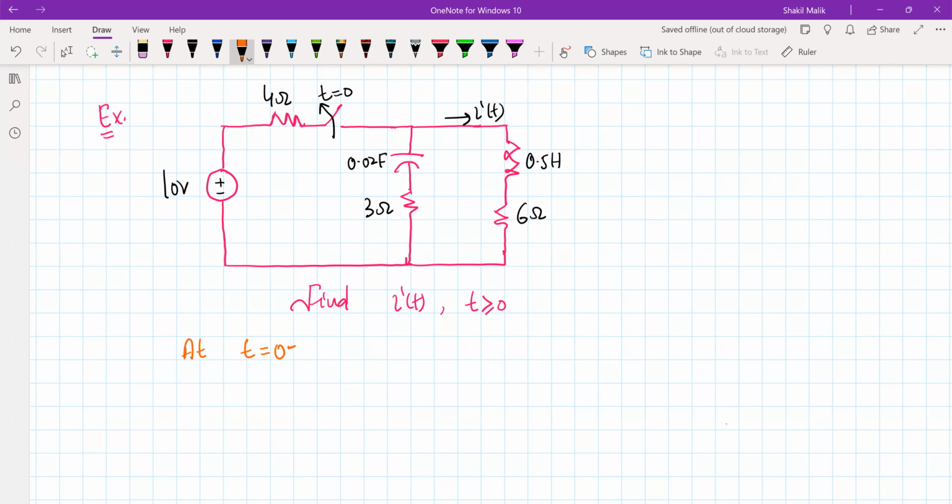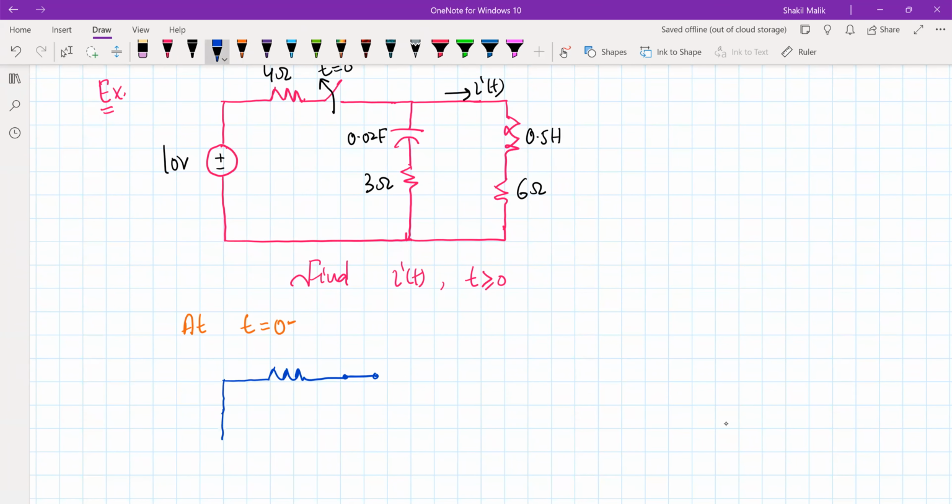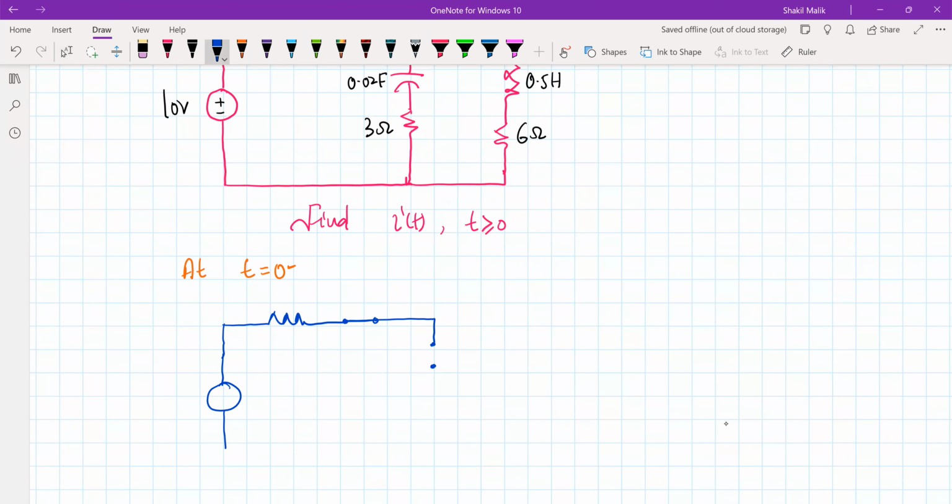Okay. So we'll redraw this network at t equal to 0 minus. Just before the switching, the switch is closed, so there will be a voltage source here. The capacitor will act as an open circuit, and the inductor will act as a short circuit.